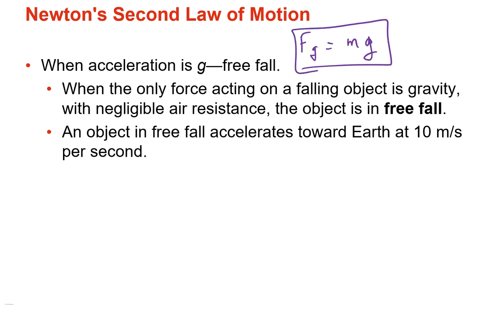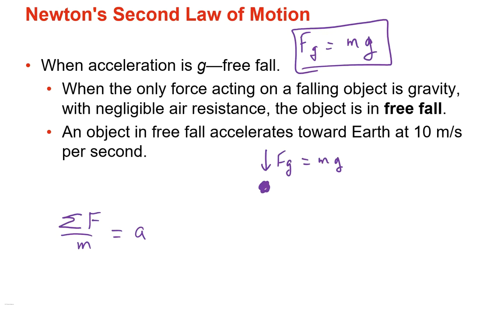And if I have a ball that's in free fall, meaning nothing else is acting on it, then the only force acting on it is the force of gravity, equal to mg. And if I apply Newton's second law, the sum of the forces divided by the mass should be equal to the acceleration.